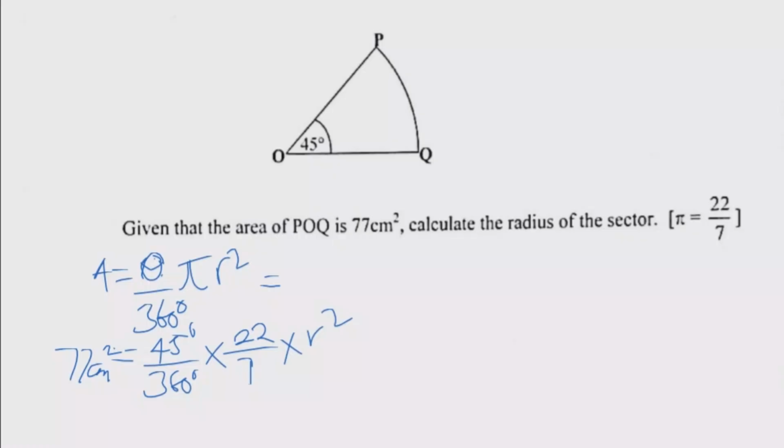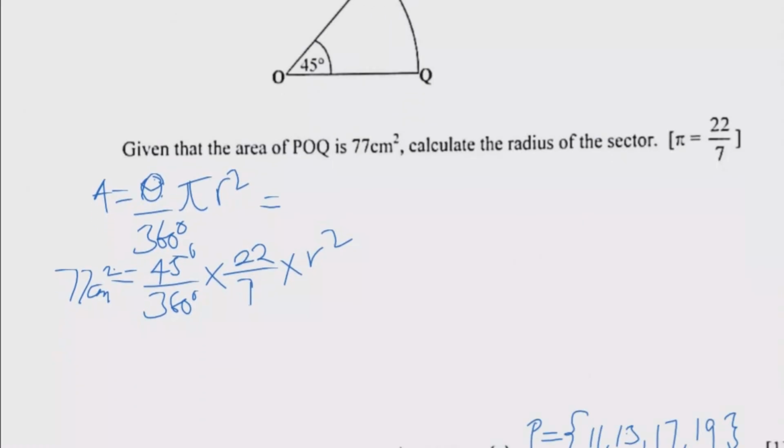Once we have this, we can start simplifying. Let me deal with the fractions first. 77 centimeters squared is the area of that sector. 45 into 45 goes 1 time, then 45 into 360 goes 8 times.